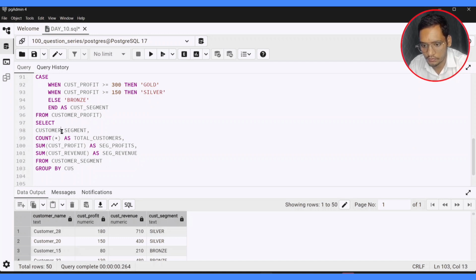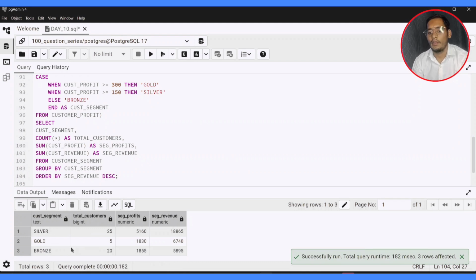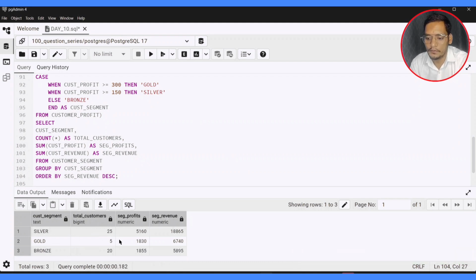It's not total customer segment, it's only customer segment. And order by segment revenue in descending order. So let's run this query now, and this is the output for today's question, guys.